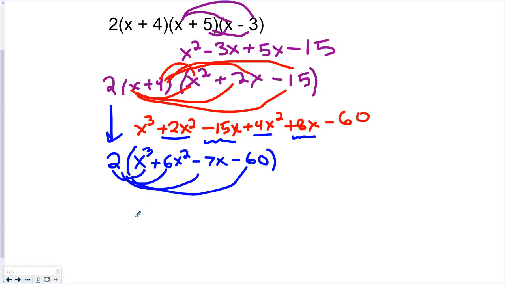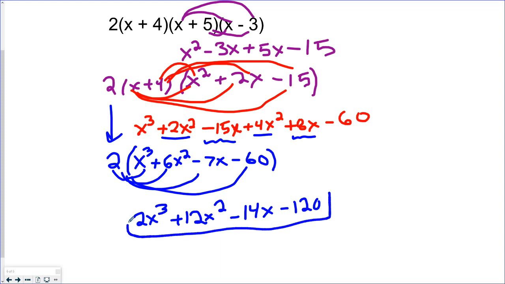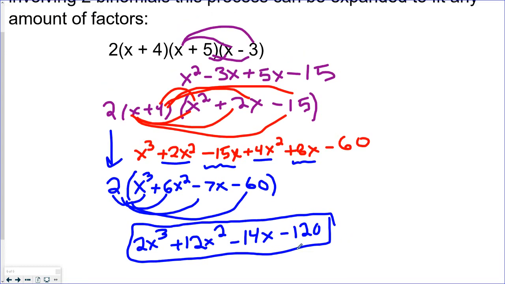So 2 times x cubed, that's 2x cubed. 2 times 6x squared, that's 12x squared. 2 times negative 7, that's negative 14x. 2 times negative 60, that's negative 120. And there is my fully simplified answer: 2x cubed plus 12x squared minus 14x minus 120.